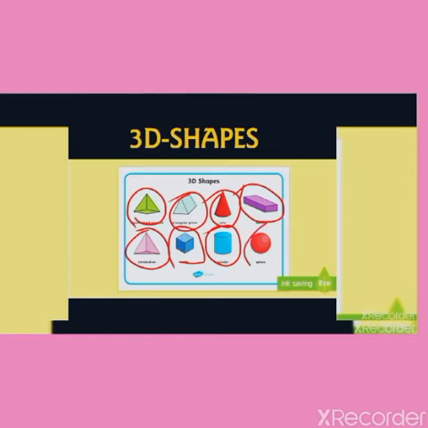And finally, this is your sphere. Sphere means it will roll. It cannot slide. The spherical shapes are our globe as well as the ball. Understand? Okay.